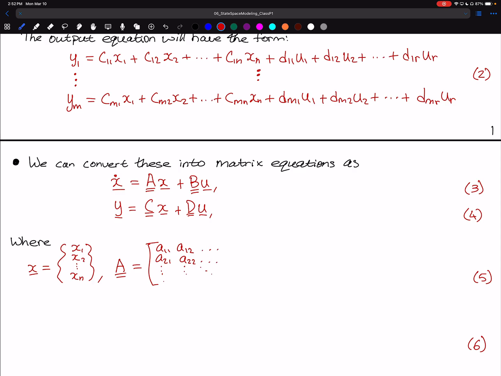And then we'll get An1, An2, Ann down in the bottom corner, A1n, and then A2n. So A here is an n by n matrix. X is n by 1.